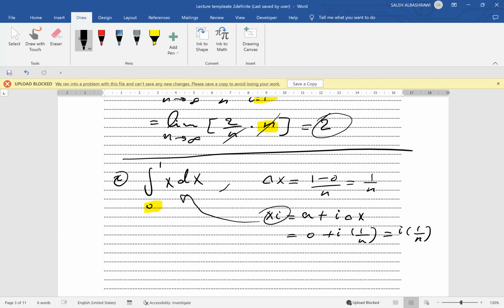Now the definite integral from 0 to 1 of x dx is equal to the limit of sigma i from 1 to n. My function is x, so it is xi in this case, times delta x. So it is f of xi, and my function is x, so I'm going to replace the function by xi or xi star. I can use xi or just xi star, as n goes to infinity.